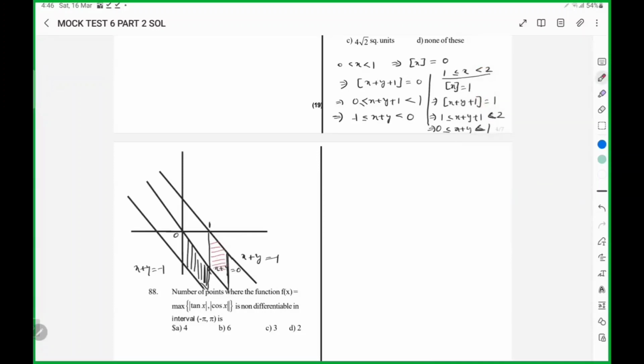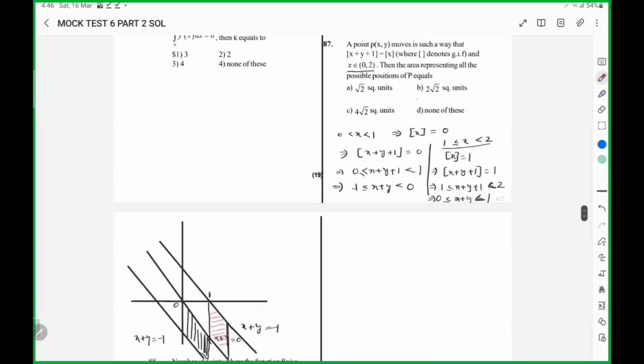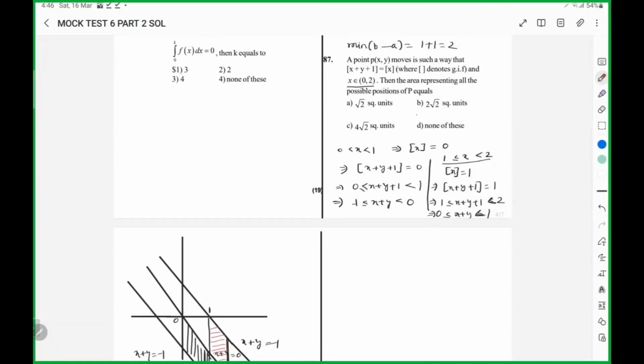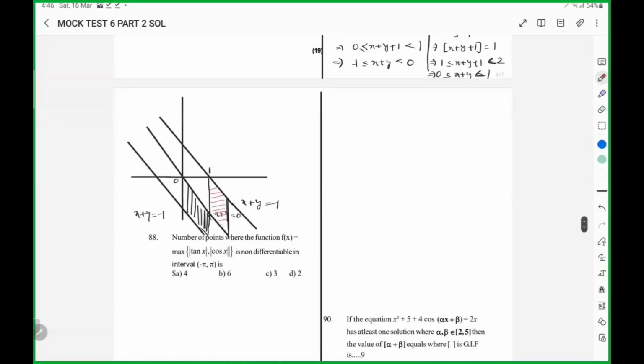So this is the area bounded by these lines. So these are two parallelograms, area of the parallelogram, so length into breadth.